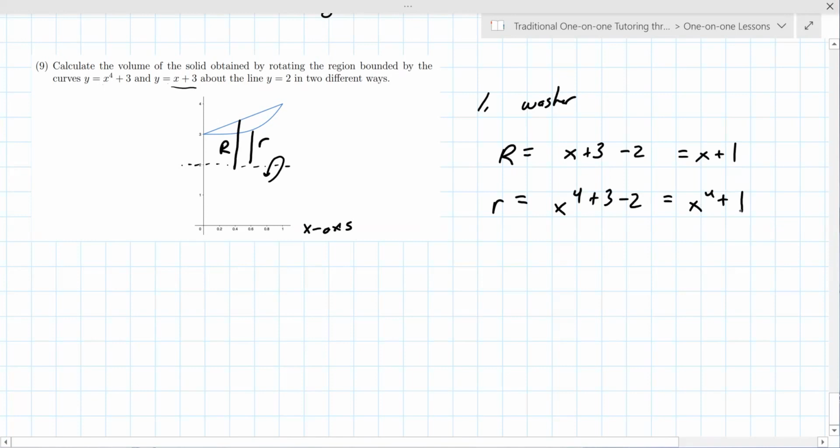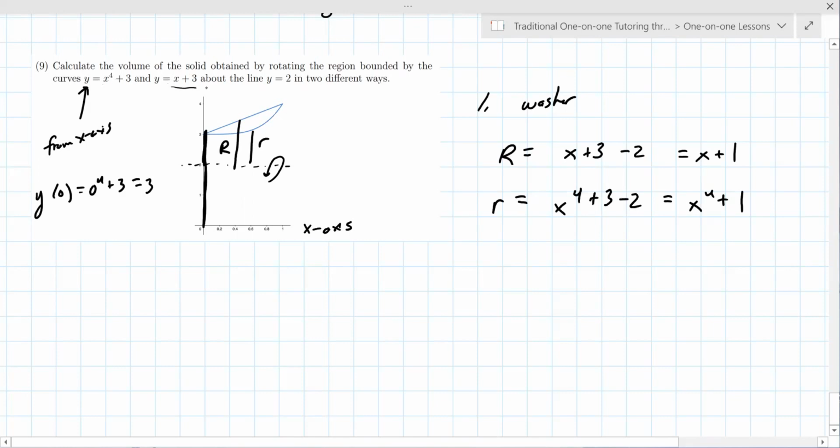So why did you just subtract 2? Is it because the line is below both of the functions? Because this y right here is from the x-axis. So if you put y of 0 in, you get 0 to the 4th plus 3, which would be 3, which is this distance right here. And we don't want that. We want just this little piece. So we have to subtract out what we don't want.